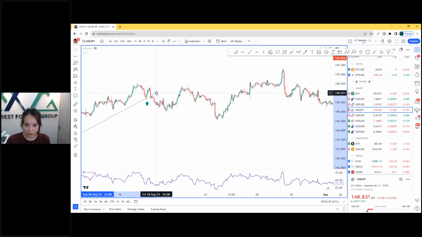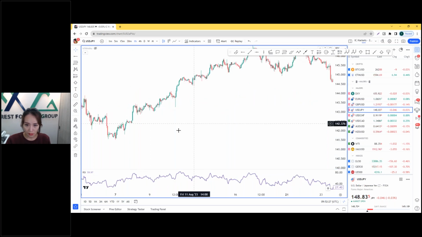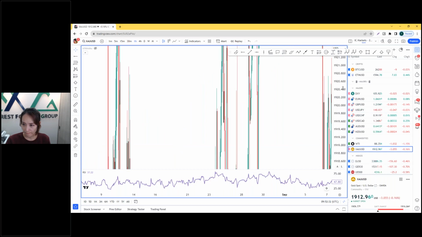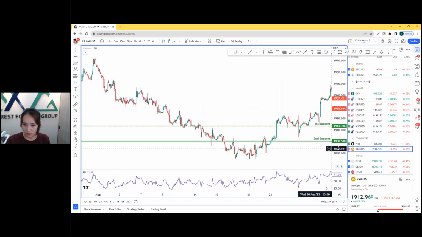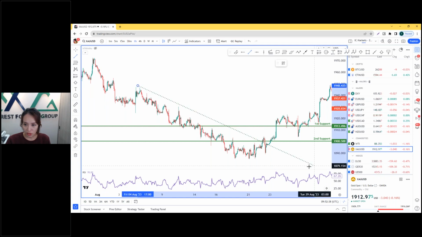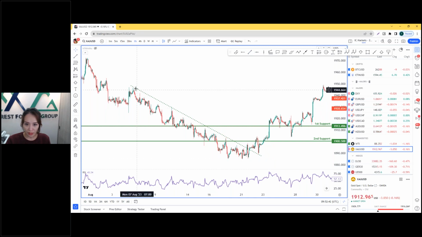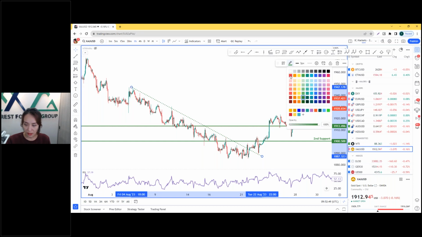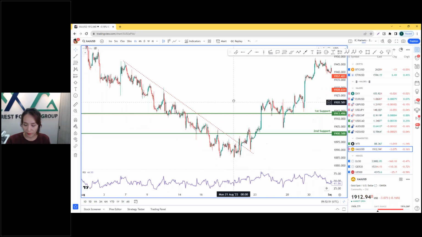Let me find another example for maybe another pair. Like here, you know, we draw like that, right? You know that this is very nice. In this case, I think I will draw at the bottom, at the wick. You know that this is a very nice descending trend line, and then we play breakout.